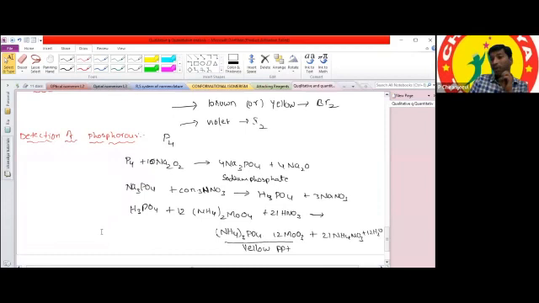It is called the molecular mass. Now my question: what is the molar mass of phosphoric acid, Sirisha or Aditi?